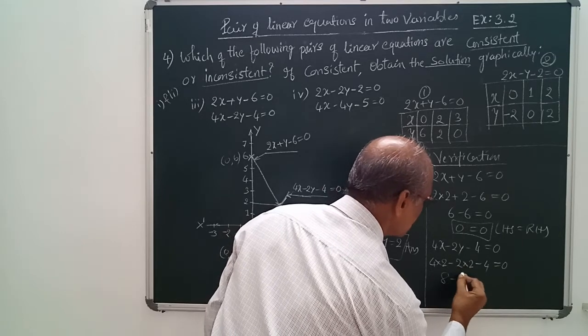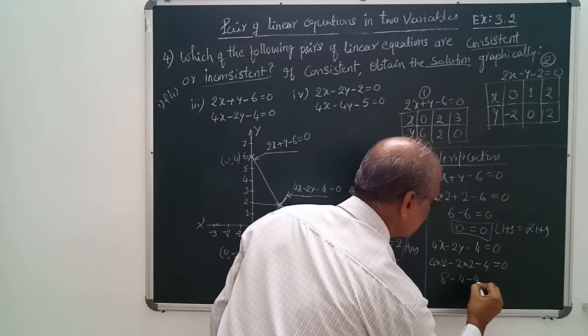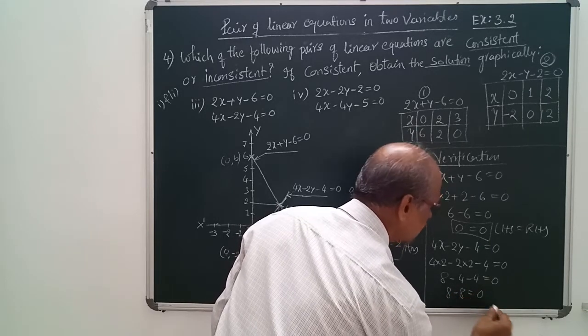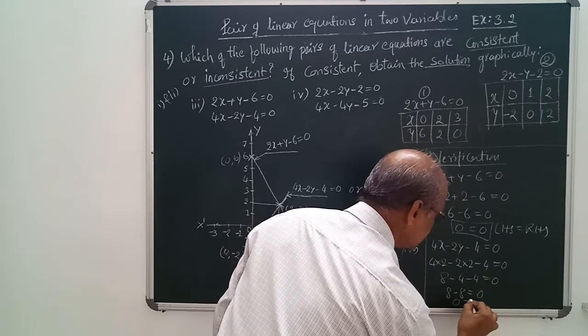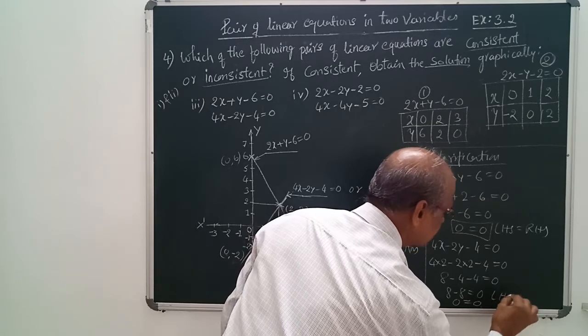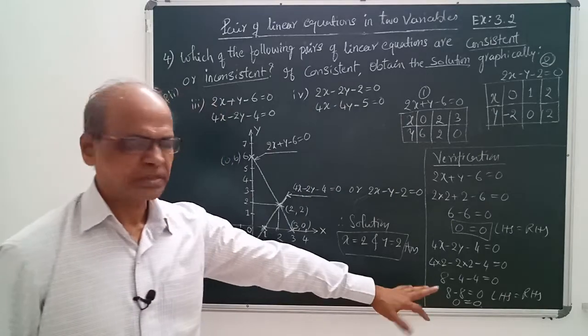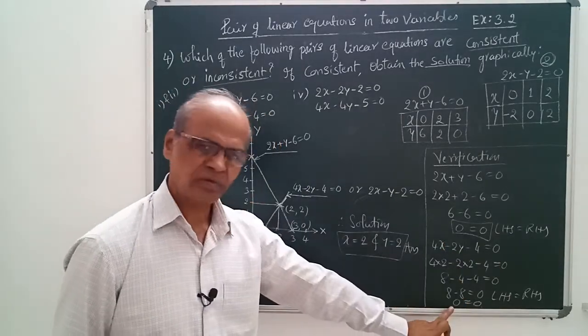Here 2 2s are 4, and this is minus 4. 8 minus 8 is equal to 0. That means 0 is equal to 0. LHS is equal to RHS. So the verification step is clear. Now you have verified both, right?